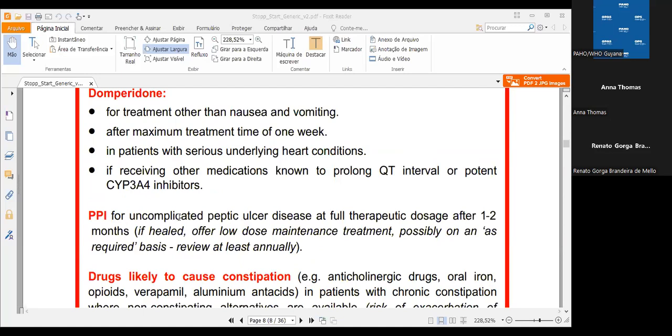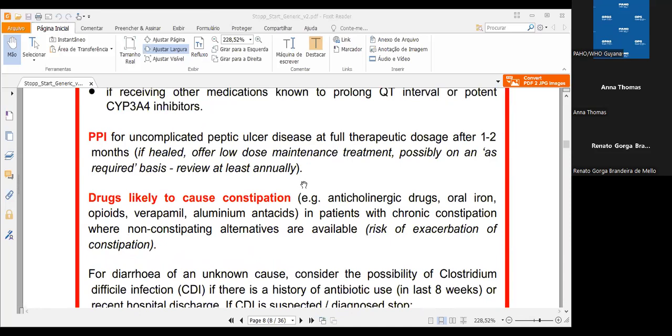PPI for uncomplicated peptic ulcer disease at full therapeutic dosage after 1-2 months. If healed, offer low dose maintenance treatment, possibly on an as required basis.